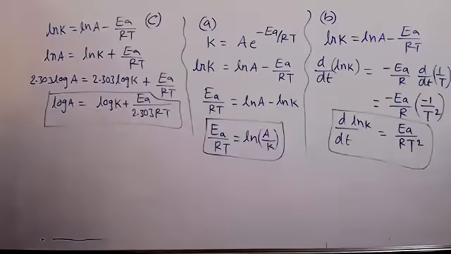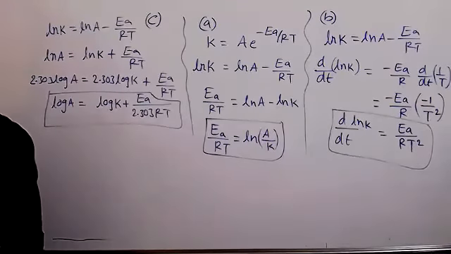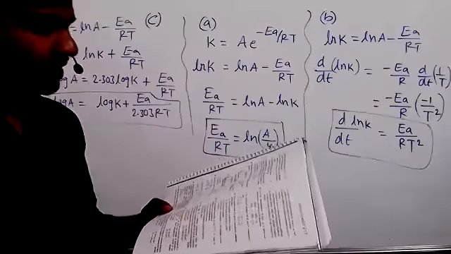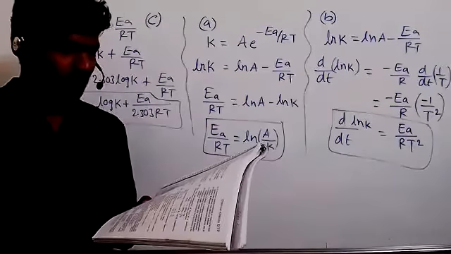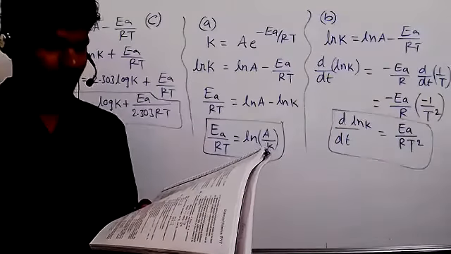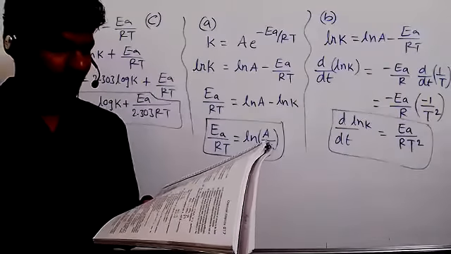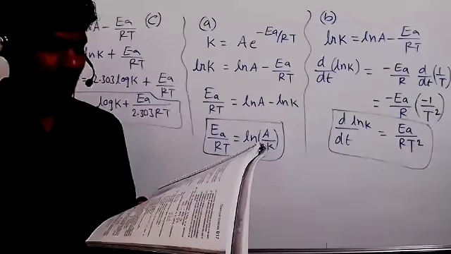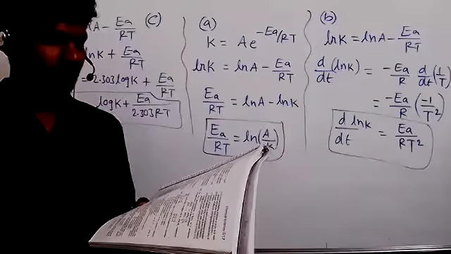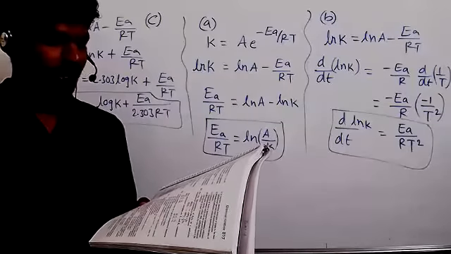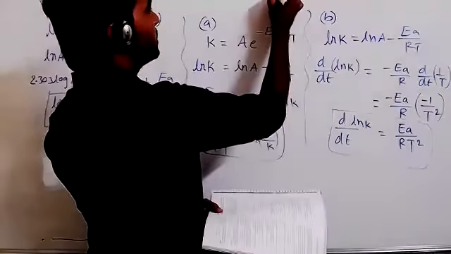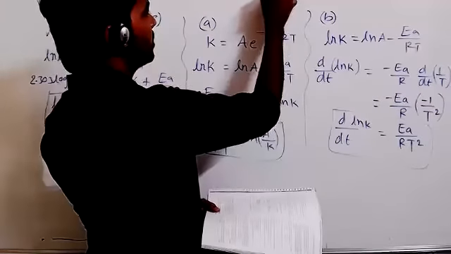Okay, see next question, 50. The rate constant K dash of one reaction is found to be double that of the rate constant K double dash of another reaction. Then the relationship between the corresponding activation energies, Ea dash and Ea double dash, can be represented as... Activation energy is inversely proportional to rate constant, right?